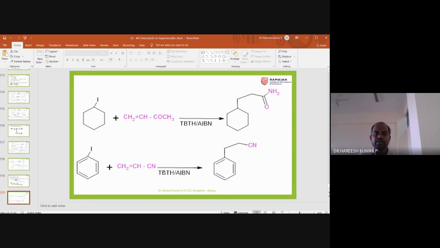So there will be a formation of radical, and that radical leads to the formation of a radical here. This radical forms a bond with this carbon, and there will be a formation of radical here. This radical picks up a hydrogen radical from the TBTH. TBTH means tributyl tin hydride.